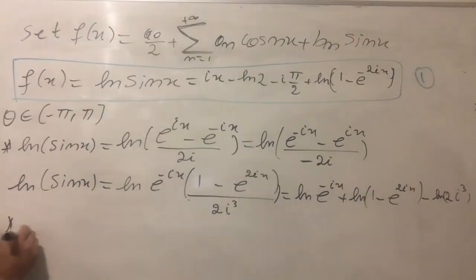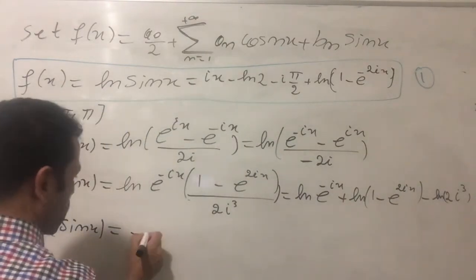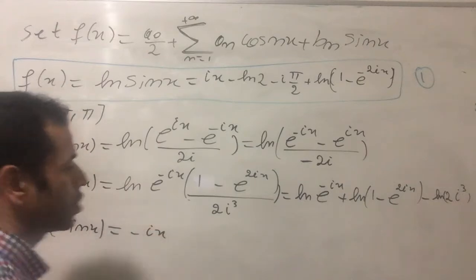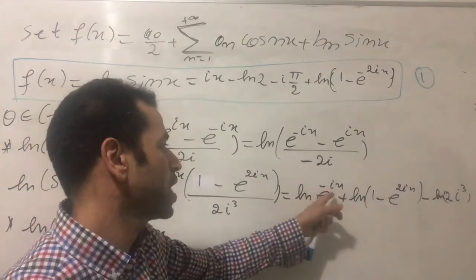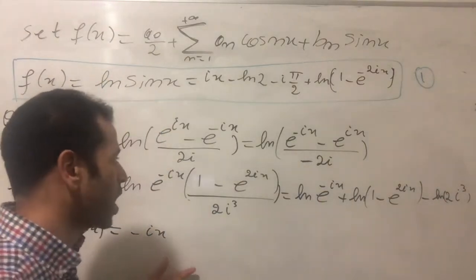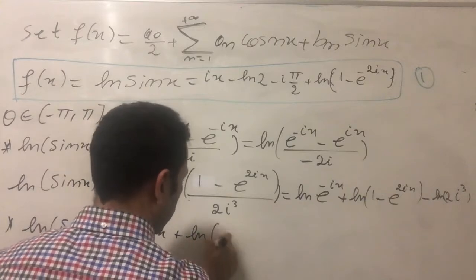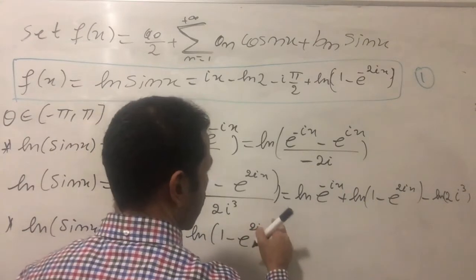Okay, so now natural log of sine of x, I'm going to simplify this one. This one gives us minus ix, because I took this minus ix out of the natural log, plus this term, natural log of 1 minus e to the 2ix.